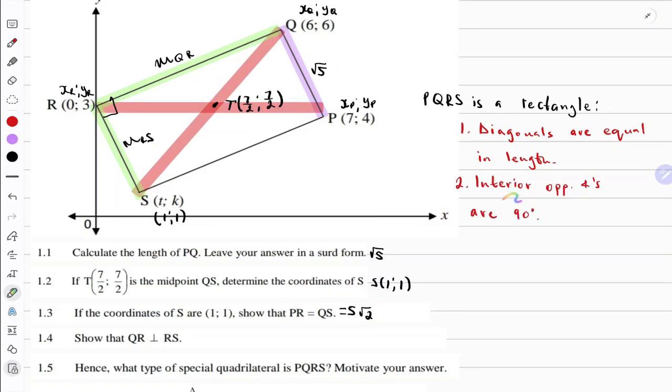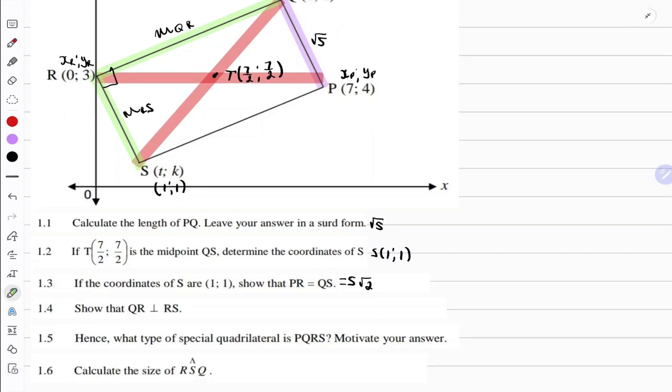And the second condition is the interior opposite angles are 90 degrees, as we have shown in 1.4. Because these two lines are perpendicular, it means the angle that forms between them is 90 degrees. Therefore, PQRS qualifies to be a rectangle.